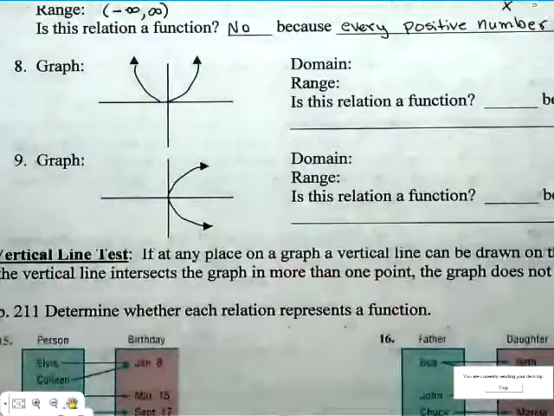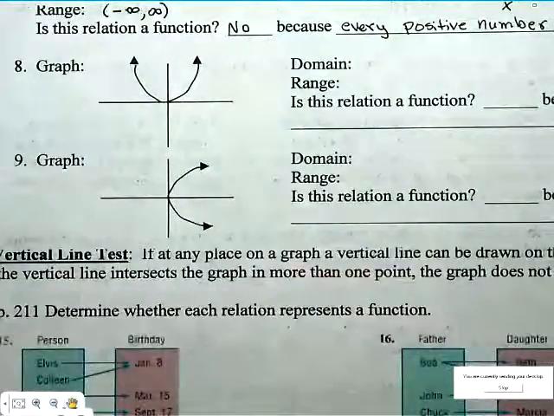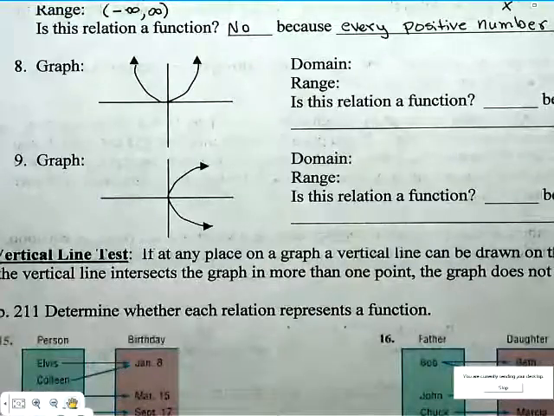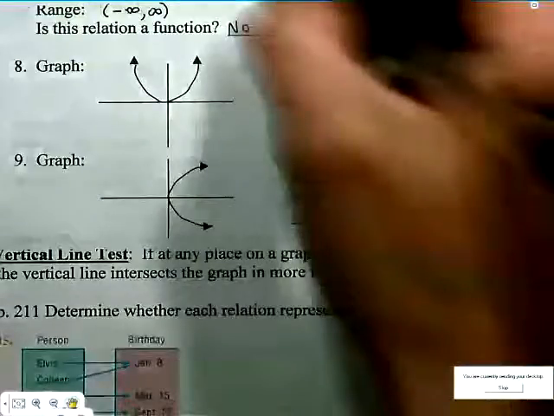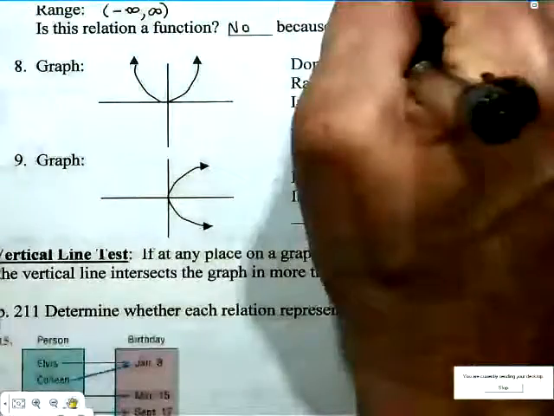So, how do you tell the domain by looking at a graph? What x can be? When you're looking at a graph and you're looking for the domain, just say, how far to the left do the x's go? How far to the right do the x's go? Because that's what the domain is, the x values. So the domain of that function is negative infinity to infinity.